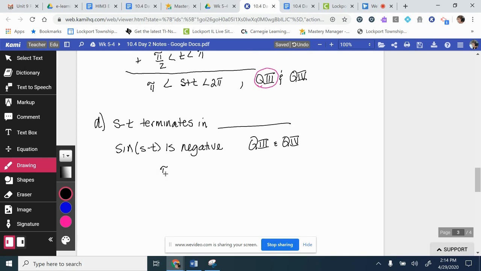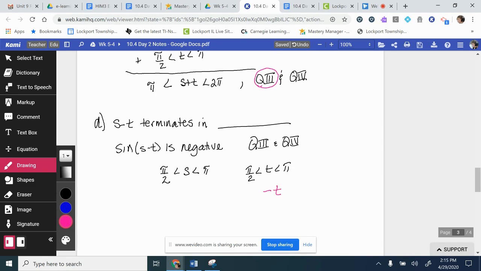So we had S being in quadrant 2, somewhere in between pi over 2 and pi. And T was in that same quadrant. However, I'm not talking about T, I'm talking about the opposite of T, right? Because I'm subtracting these.